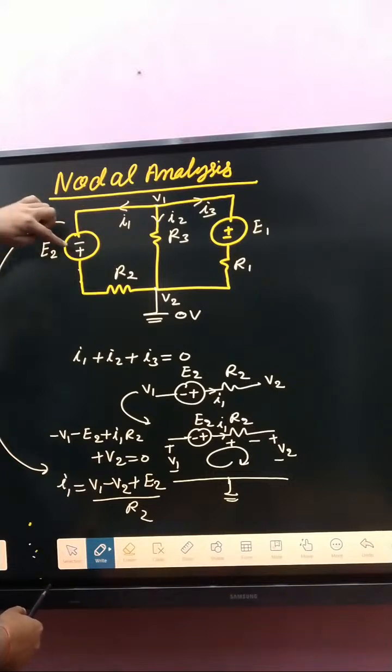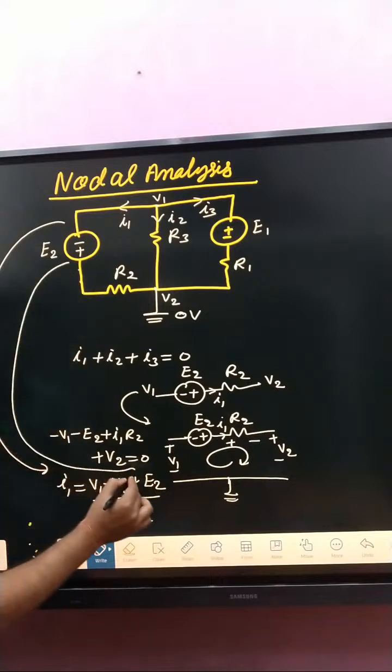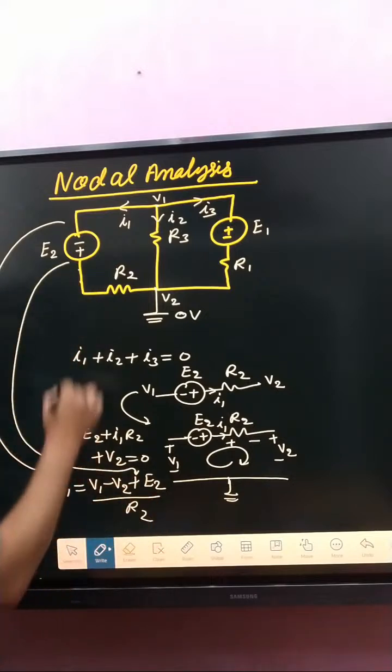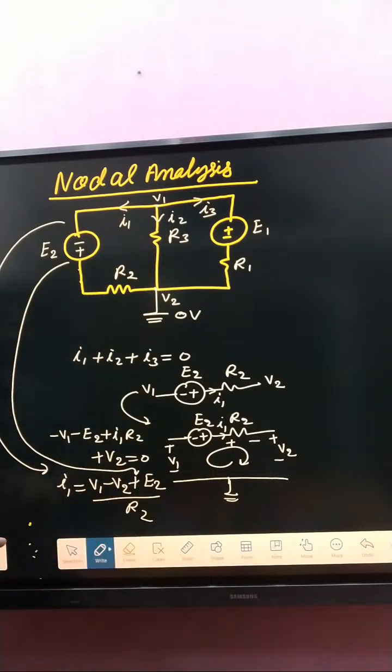Current leaves from the positive terminal, so positive E2 divided by the resistance connected in this branch, that is R2.